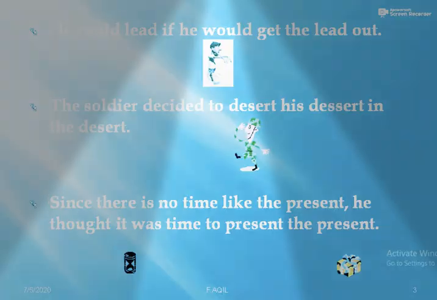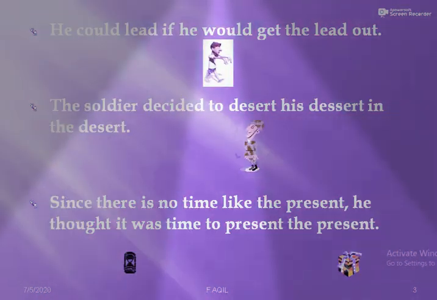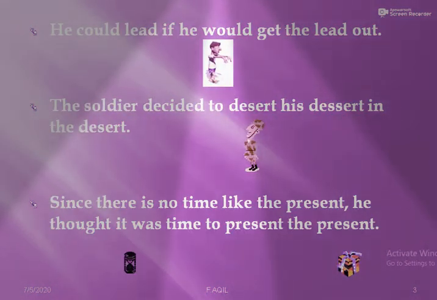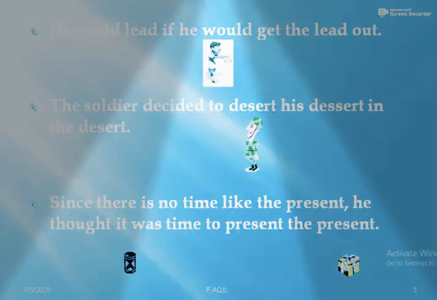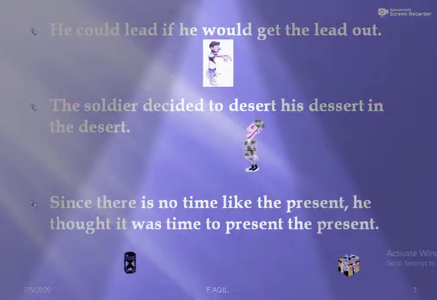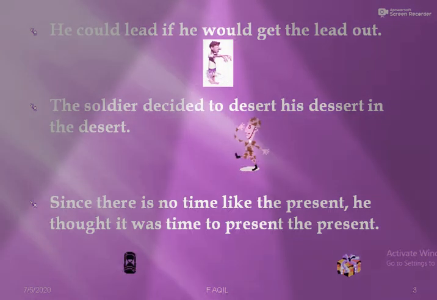Now the next sentence, the soldier decided to desert his desert in the desert. We have three words here, two with the same spelling, one with an extra S. The first one is desert, when you leave something, to leave something alone or to forget about something.